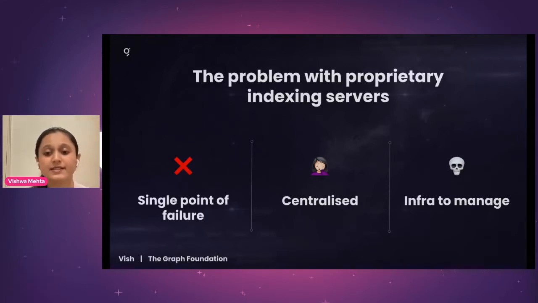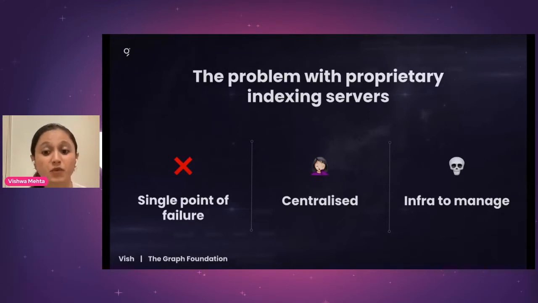The second is that it is centralized, right? It's a single point of failure, which then implies that it is a centralized server run by one single person, entity, team, organization, etc. And that kind of defies the whole idea and the ethos of decentralization and Web3.